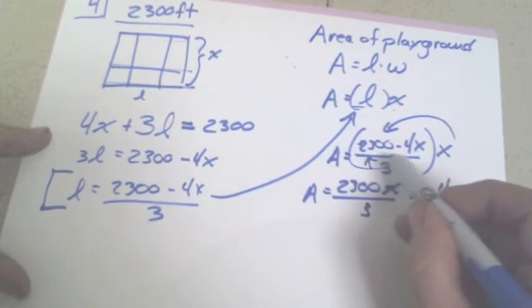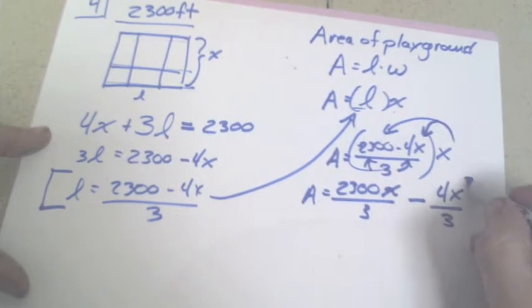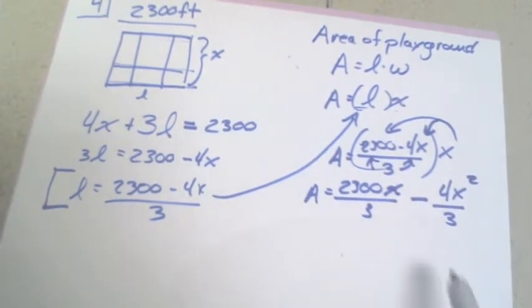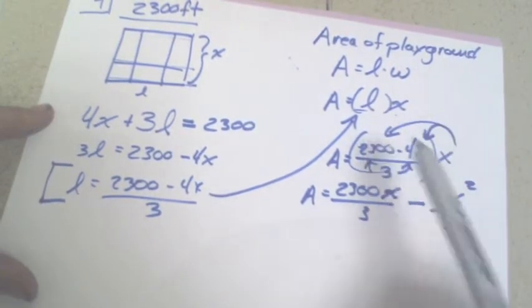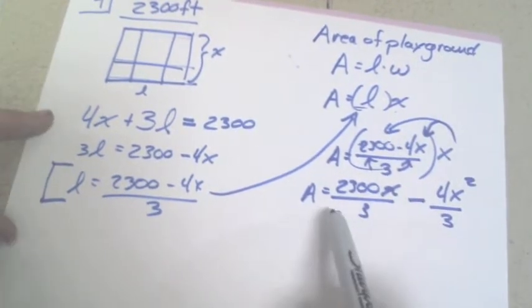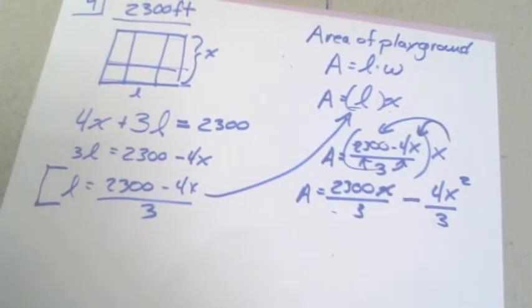I'm basically breaking this 3 up into both parts. And don't forget to distribute that x. So I kind of did 2 steps there. I broke this into 2 terms and distributed the x among those terms. But the key is we now have a quadratic in terms of x for area.